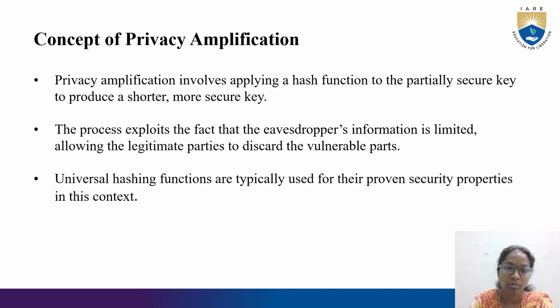The process exploits the fact that the eavesdropper's information is limited, allowing the legitimate parties to discard the vulnerable parts. Universal hash functions are typically used for their security properties.